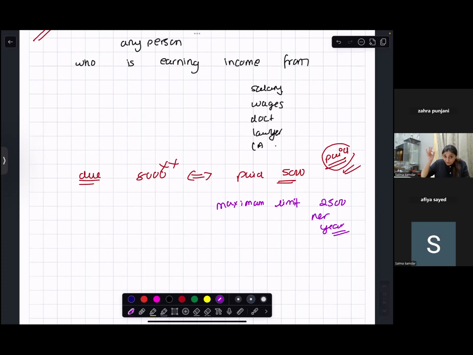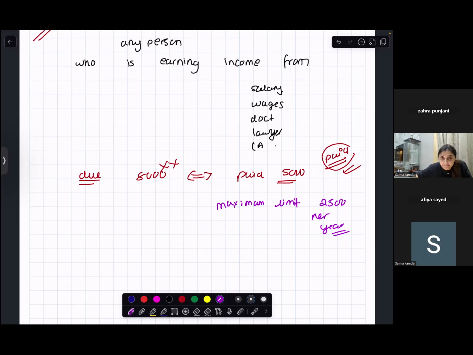Professional tax is available only in the year in which you pay. If I pay this year, I will get deduction. If I pay next year, I will get deduction, and the year that we see is always the previous year. And whatever computation we do, we do it in the assessment year.